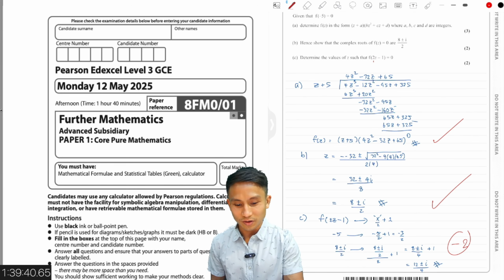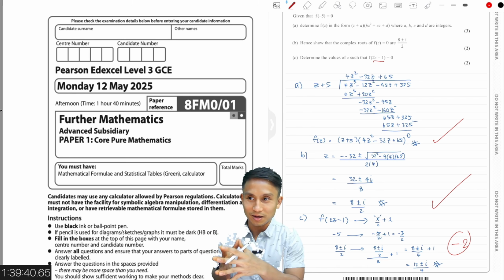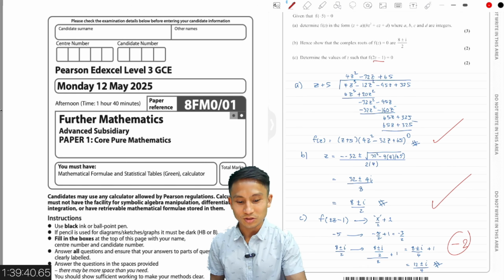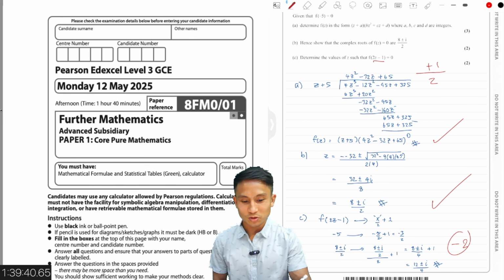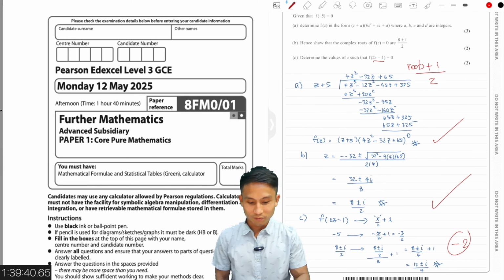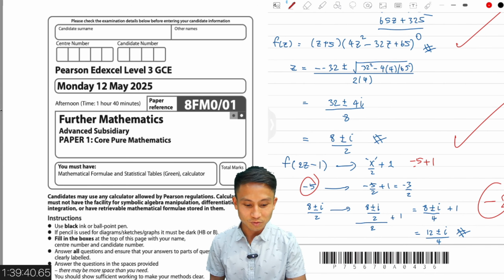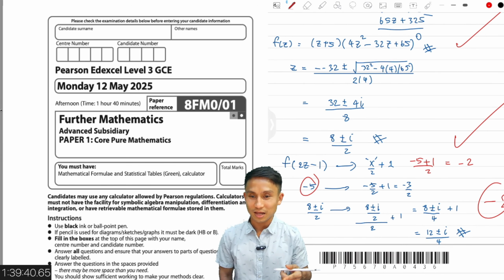Actually, the order of getting the x-intercepts or the roots from z to 2z minus 1 is just to do plus 1 and divide by 2, right? So all the roots should be plus 1 and divide by 2. For example, if you do minus 5 here, so minus 5 plus 1 divided by 2, that would be minus 2. That would have been the correct answer there.